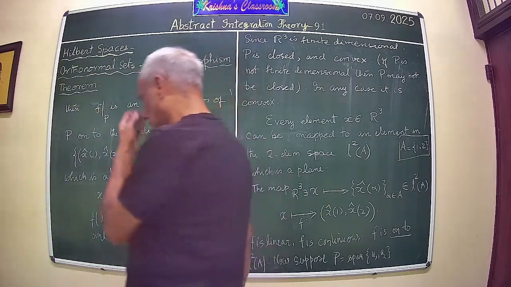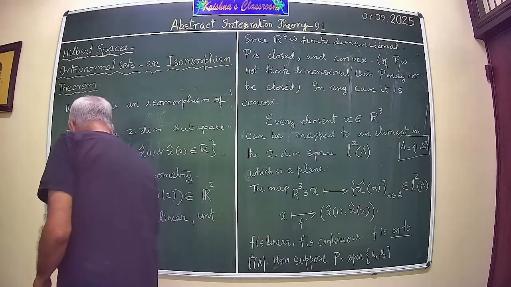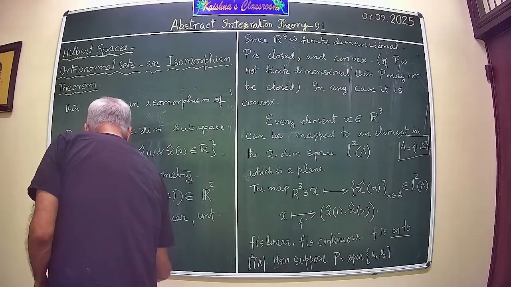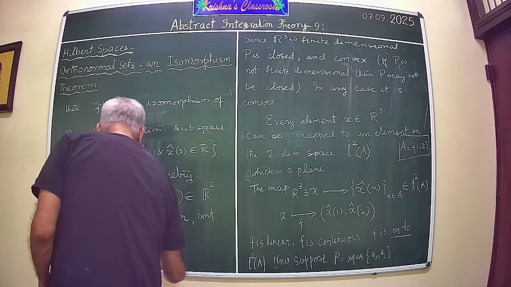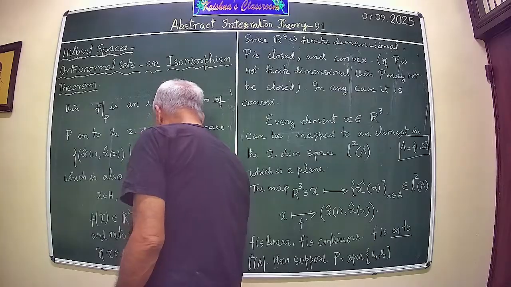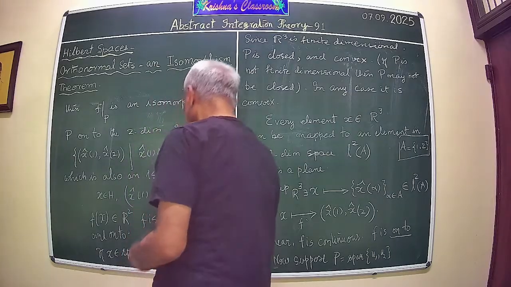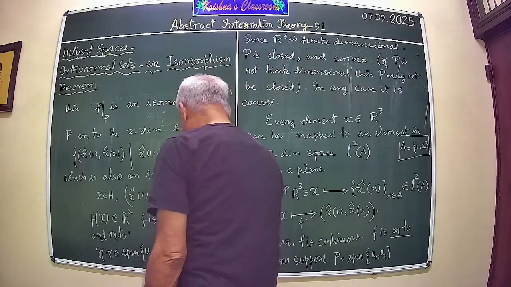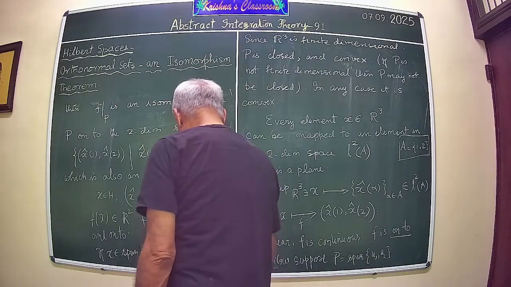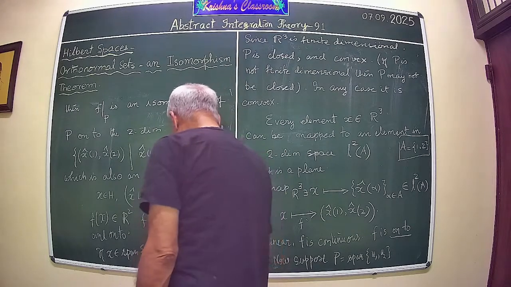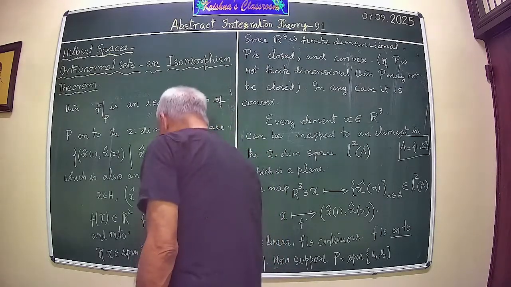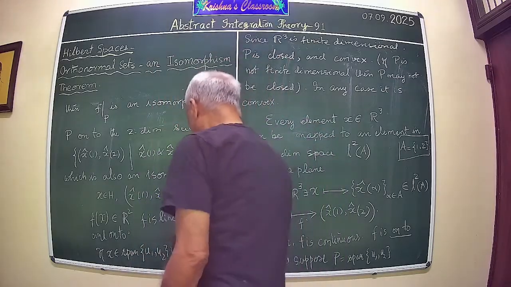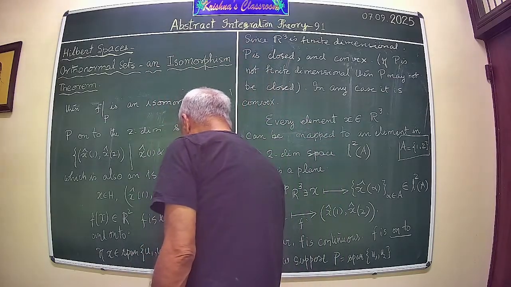Now you see that if x belongs to the span of U1, U2, then F is one-to-one and onto, and also linear, therefore it's an isomorphism and is an isometric.